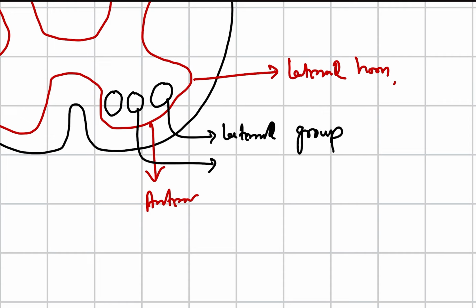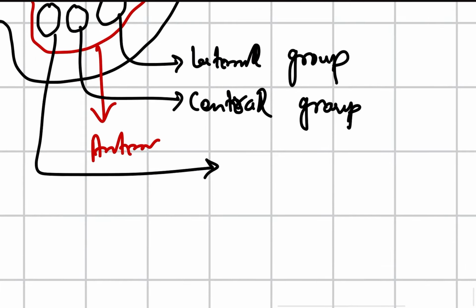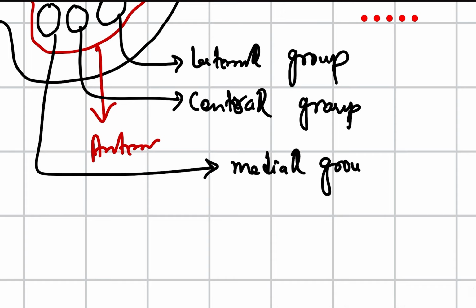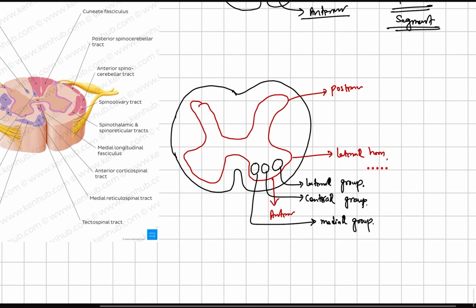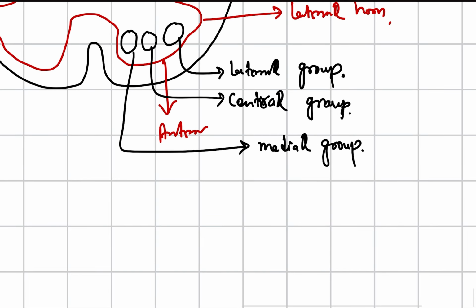This is the intermediate or central group, and this one is the medial group. It is in the anterior.